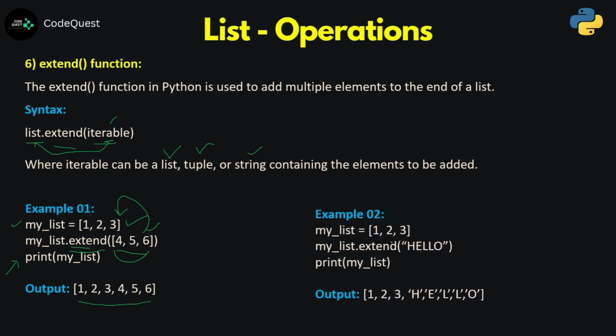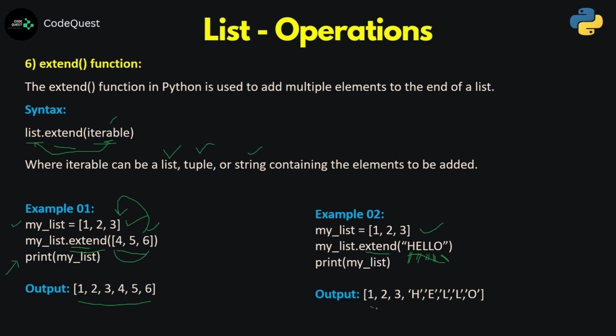Now look into this example, assuming we have taken a list holding these 3 elements. Here, instead of giving a list, I have taken a string. Once I take a string and apply the extend, it is going to split this entire string into a number of characters, where H is one item, E is one item, L, L, O. The entire string has been split into 5 items, each of the characters.